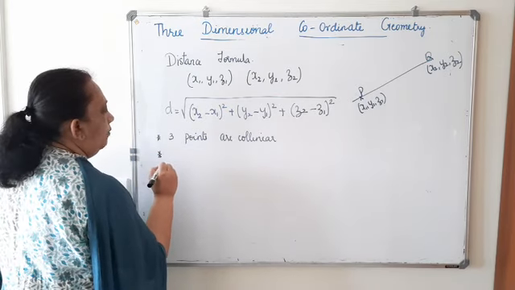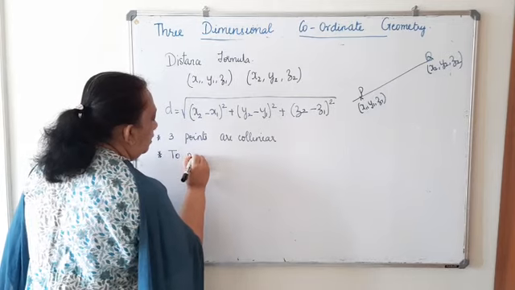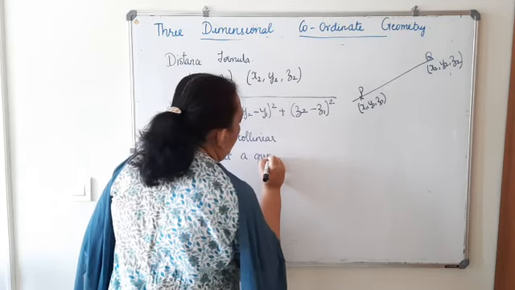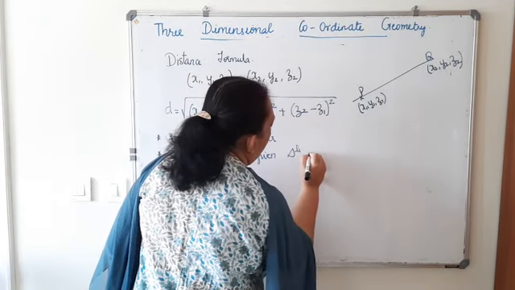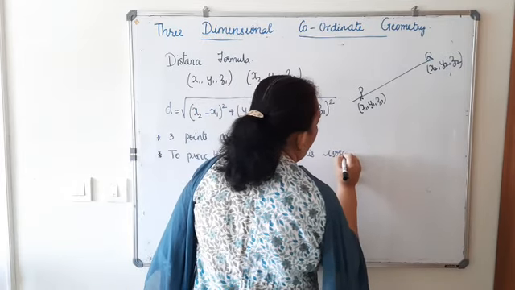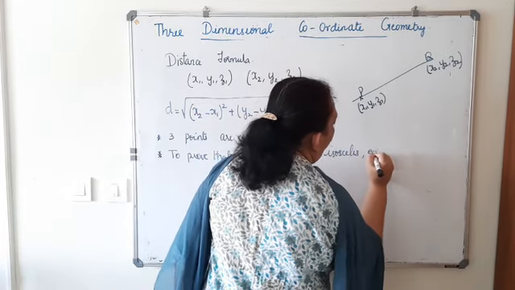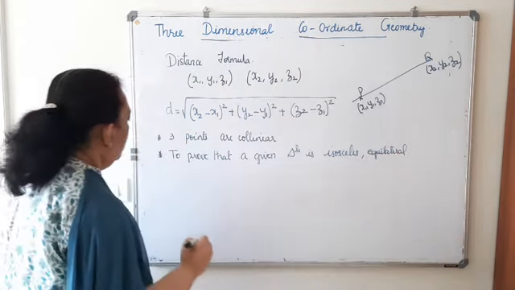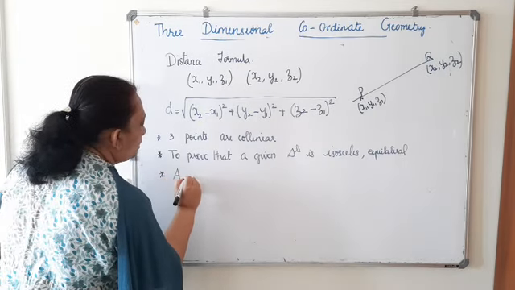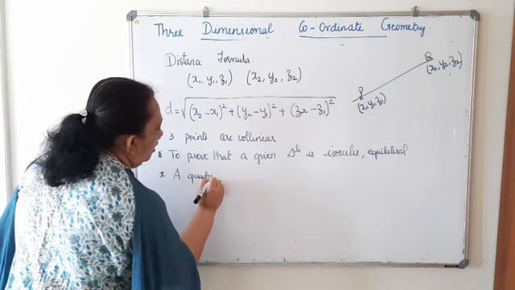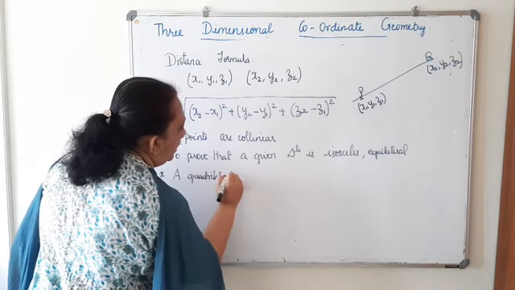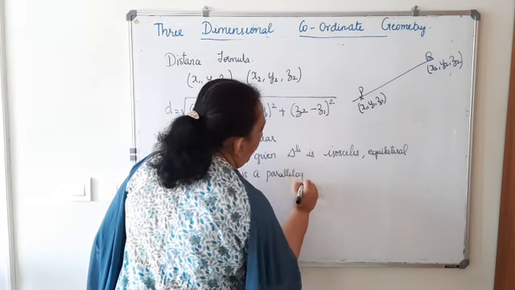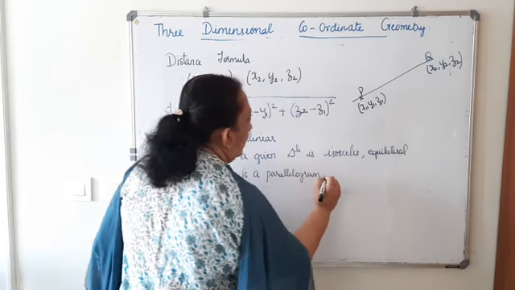Next, to prove that a given triangle is isosceles or equilateral, a quadrilateral is a parallelogram or a rectangle.